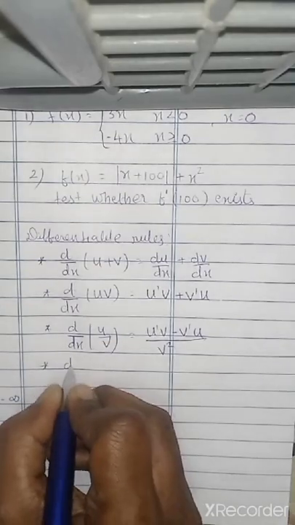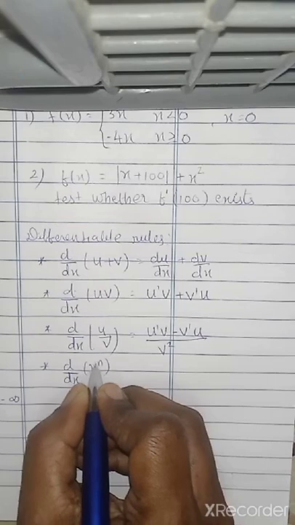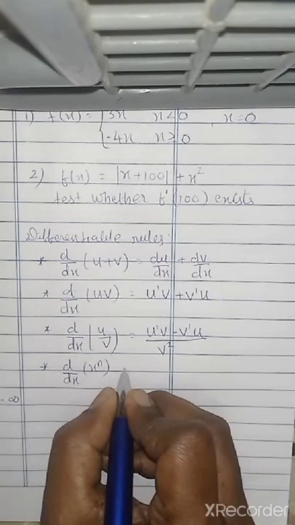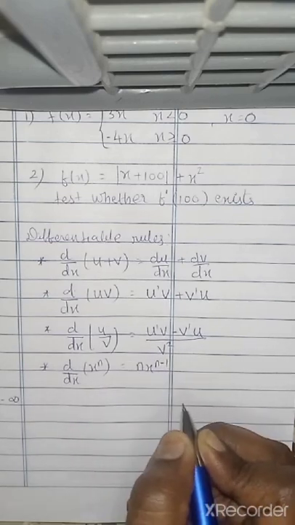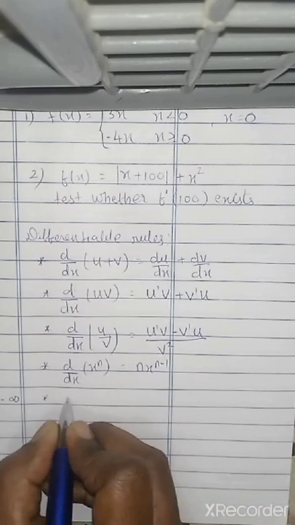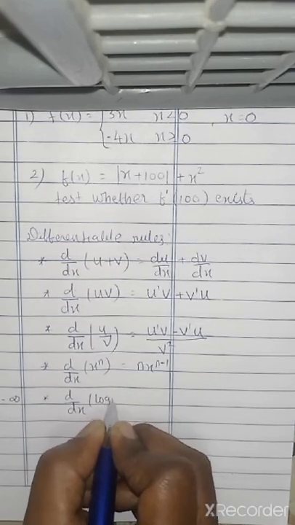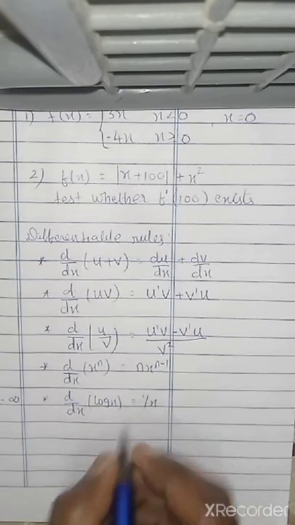So the first formula, d by dx of x power n. This is very important. If you differentiate x power n, you will get n x power n minus 1. Next formula, d by dx of log x. If you differentiate log x, you will get 1 by x.